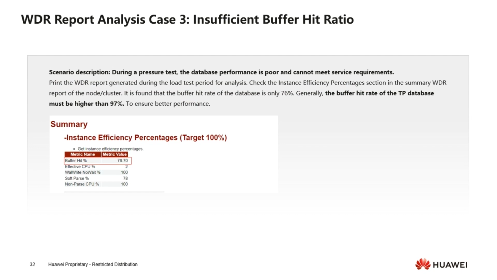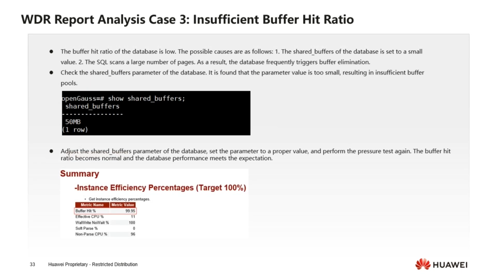Then we're going to deal with the problem of a low buffer hit rate. On that, we normally consider two reasons. The first one is the most common one, and it's that the parameter called shared_buffers is set too small.